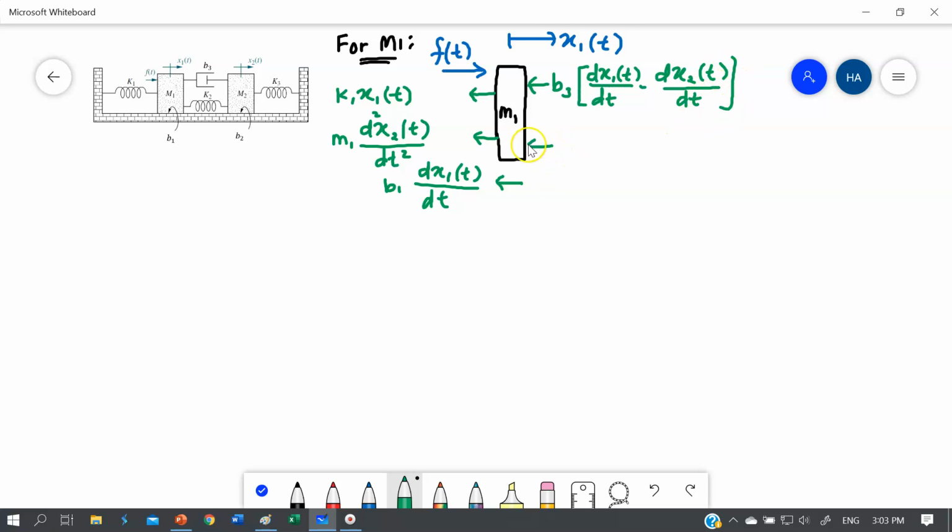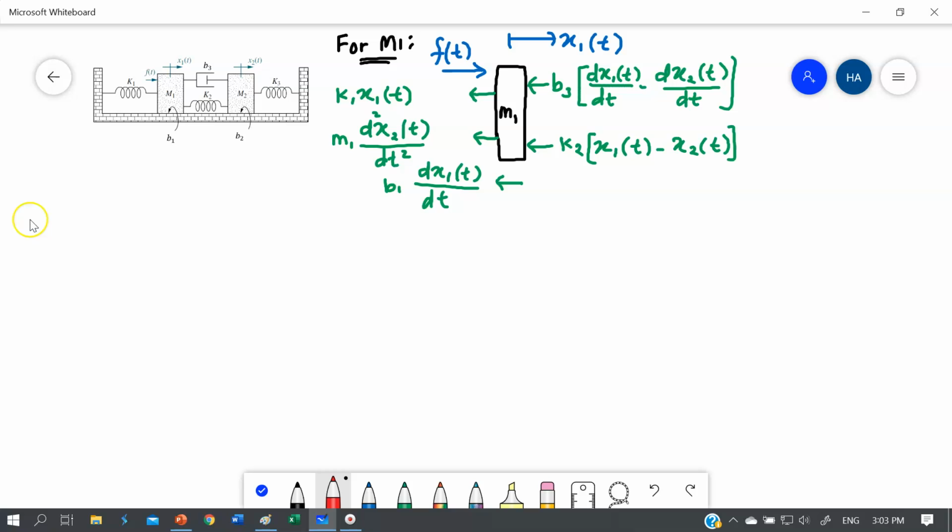Here we have K2. Then similarly, K2 is connected in between M2 and M1, which are both moving masses. So here K2 multiplied by X1T minus X2T. And note that all reaction forces direction are opposite to the direction of motion, because the reaction forces is opposing motion.